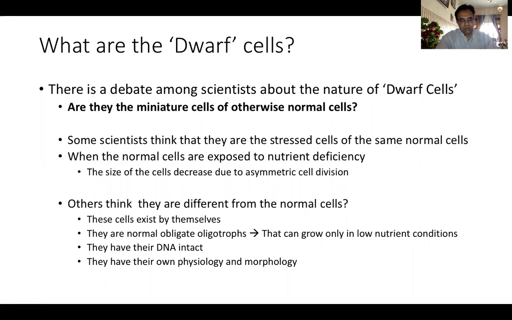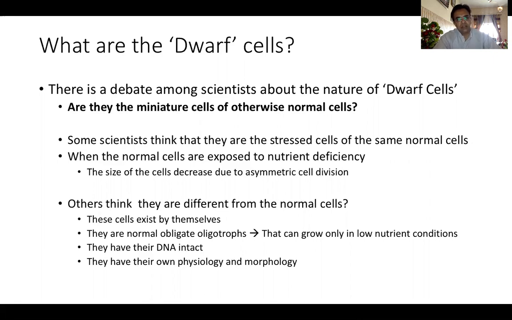So if I briefly explain the dwarf cells here, dwarf cells are the cells which are small in size, and they are the ones which actually don't appear on plates. They are either very slow in growth, or they cannot be cultured simply. You cannot revive their growth. There are different theories about these dwarf cells.